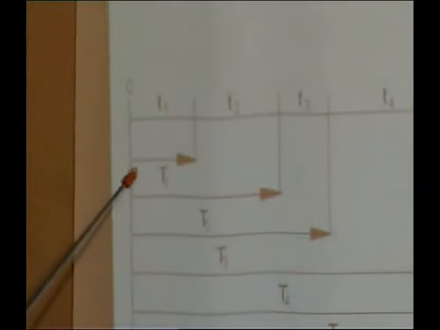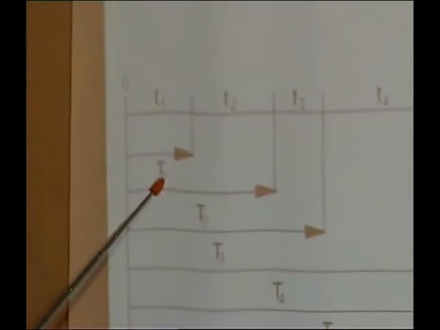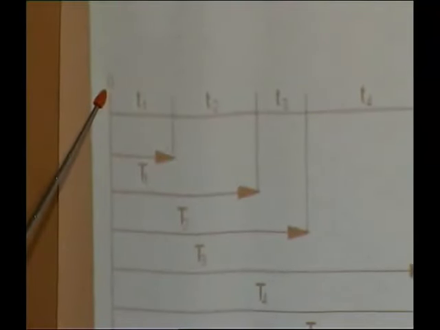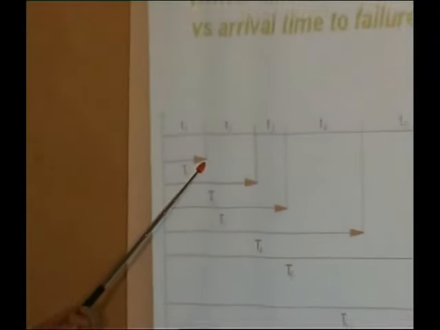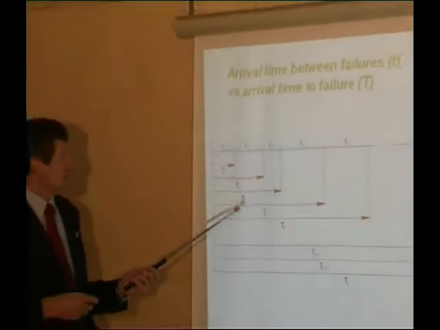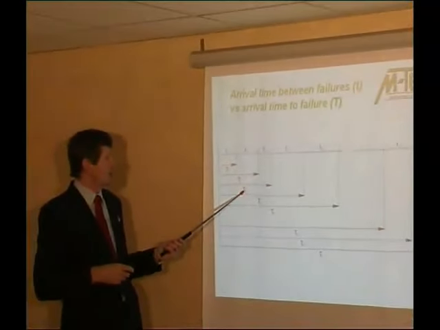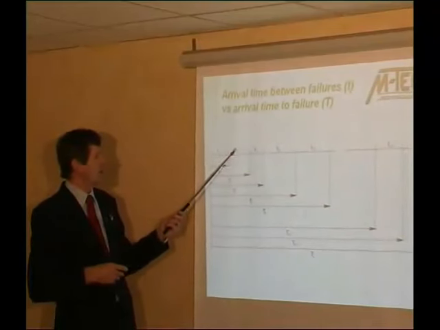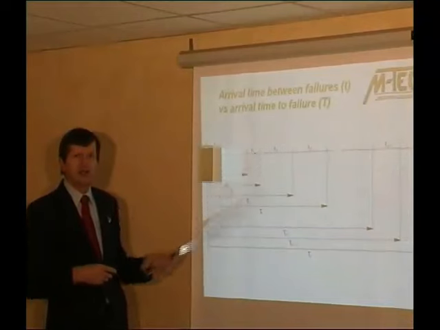And now in the repairable systems theory, we make use of the arrival times to failure. That is the time from time 0 up to the point that the failure occurred. So when we talk about the arrival time T3, it is the sum of T1 plus T2 plus T3.